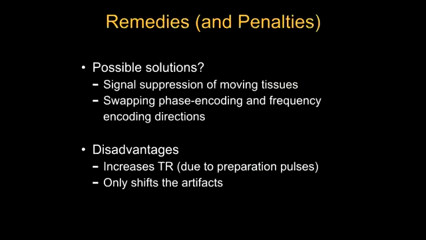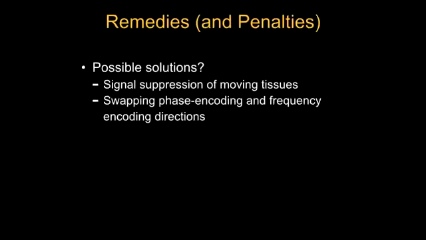Again, the disadvantage is either increasing TR, or shifting the artifact doesn't really help overall if there are many artifacts in your image. So sometimes it's not the best solution, but practically swapping the phase encoding and the frequency encoding sometimes solves the problem.